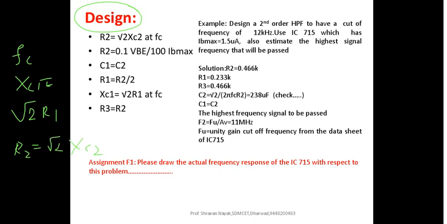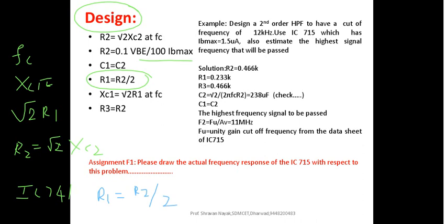Therefore, R2 is equal to root 2 into XC2 at cutoff frequency. Needless to mention, R2 is 100 times IB max, referring to the diagram. And R1 will be R2 by 2 now. Please look here. In order to satisfy the relationships between R1 and C1 and R2 and C2 at the cutoff frequency, R1 should be equal to R2 by 2.